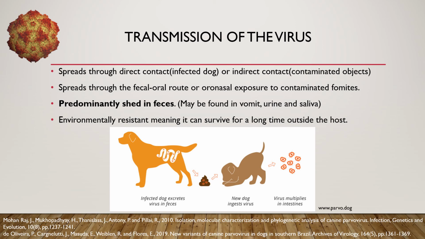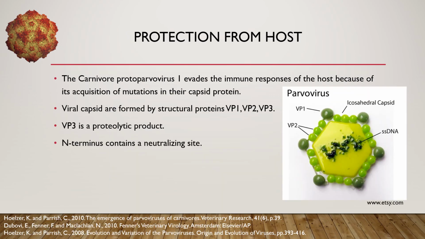It is predominantly shed in feces, but it may also be found in vomit, urine, and saliva of infected animals. It is environmentally resistant and can survive for a long time outside the host. This contributes to the reason why it is so contagious.